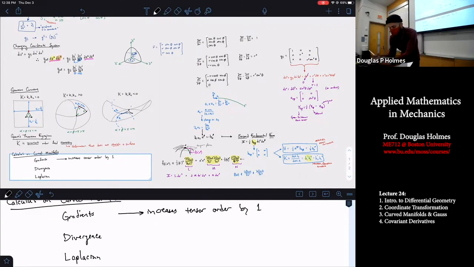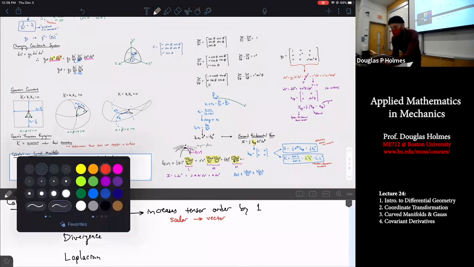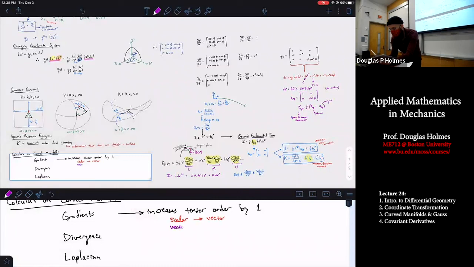So a gradient takes a scalar as an input and spits out a vector. But more generally, we can also take the gradient of a vector, and that's going to give me a tensor. And we know from the first lecture that a vector is really just a first order tensor, and a scalar is a 0th order tensor. So really, we're just increasing the tensor order.